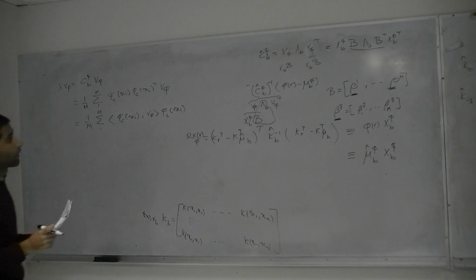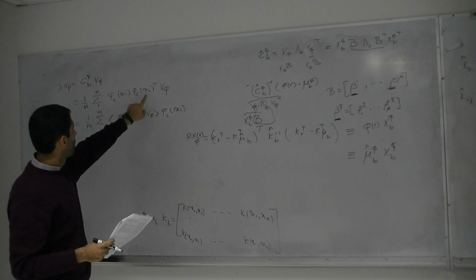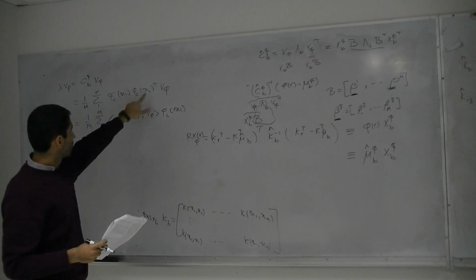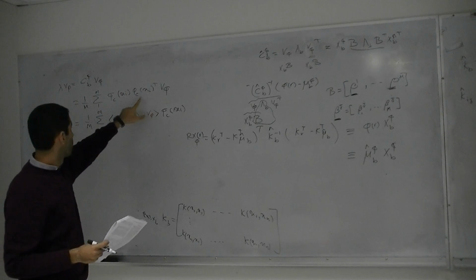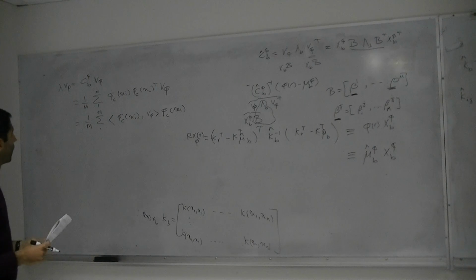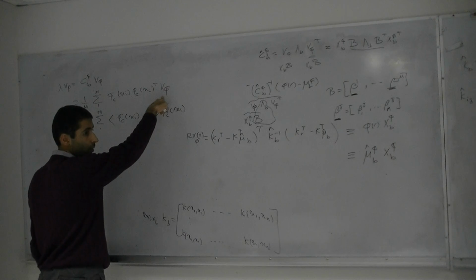Okay, and how do you get this one? This value multiplied to this value, this is the coordinate matrix, okay? And this is the column vector, okay?